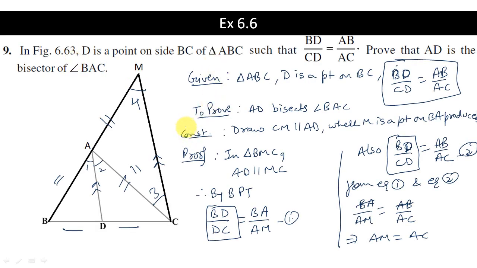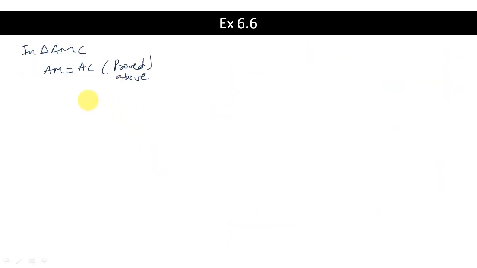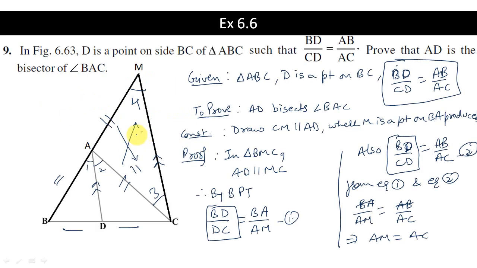So the angle opposite to AM, which is angle 3, and the angle opposite to AC, which is angle 4, will be equal. So angle 3 is equal to angle 4. The reason is angles opposite to equal sides are equal.